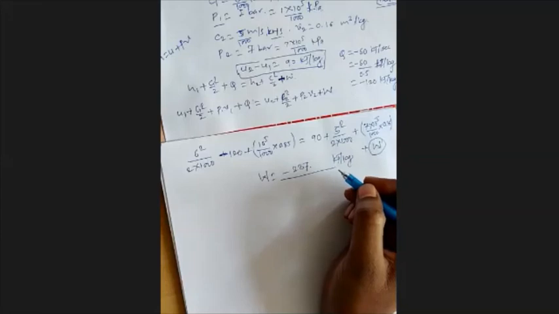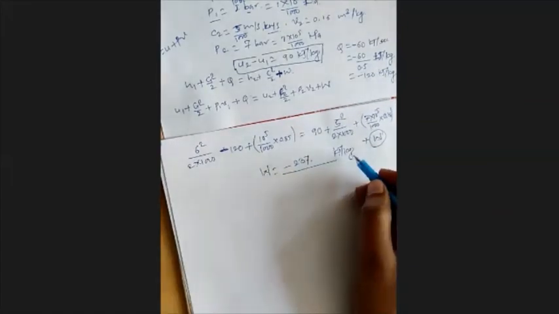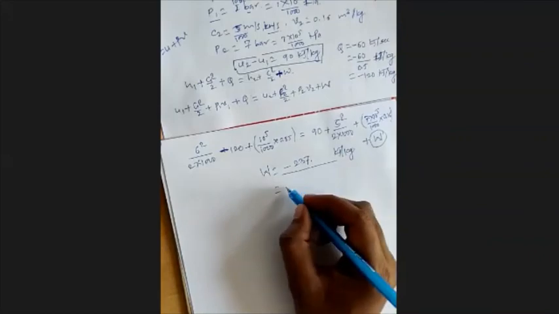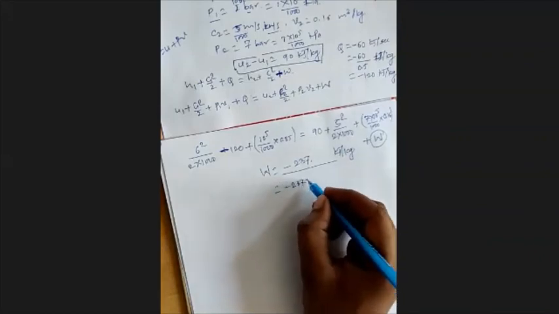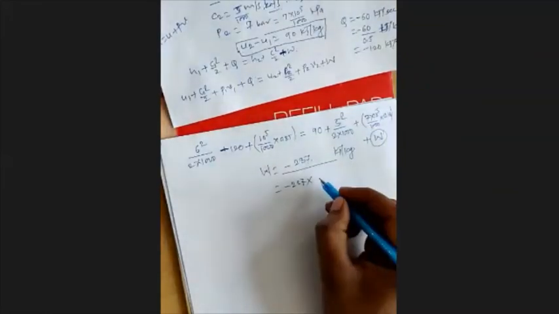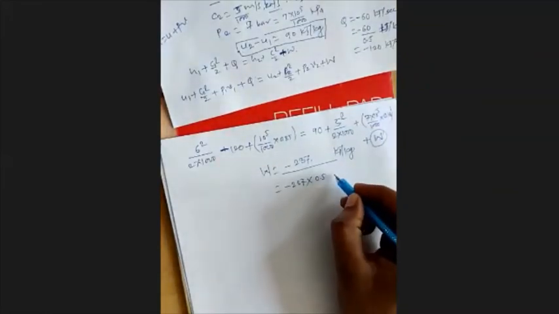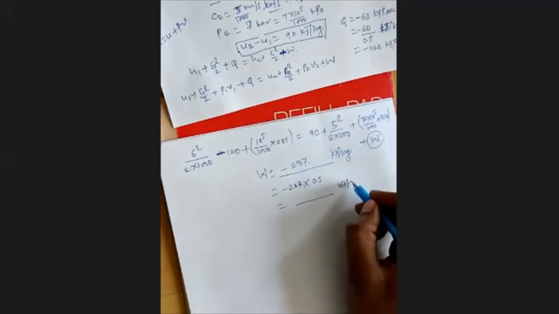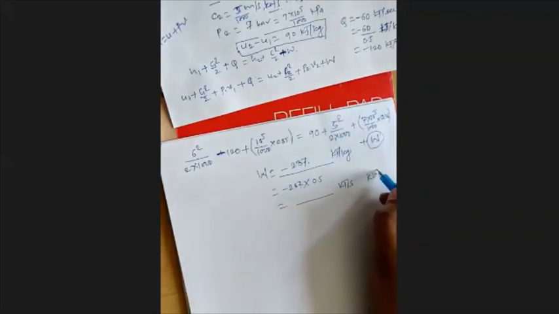Sir, there is no point, exactly. Okay, so W is minus 237 kilojoules per kg. To convert it into kilojoules per second, minus 237 into mass flow rate. What is mass flow rate? 0.5. The mass flow rate is 0.5. So we need to multiply it by mass flow rate, that is 0.5. So this is going to be kilojoules per second or kilowatt.